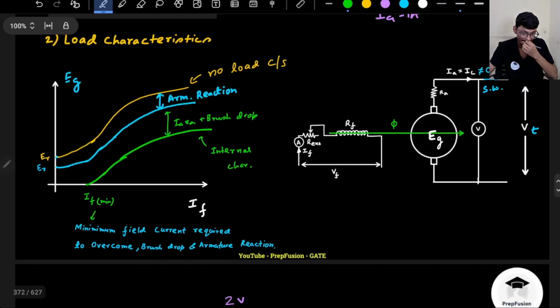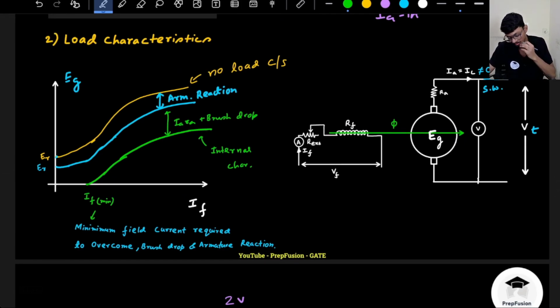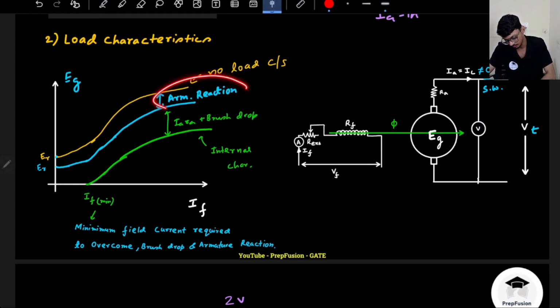Very important and key point to understand: between no load characteristics and load characteristics there are mainly two drops. One is armature reaction and the other is IaRa plus brush drop. Okay, so that was about the load characteristics.